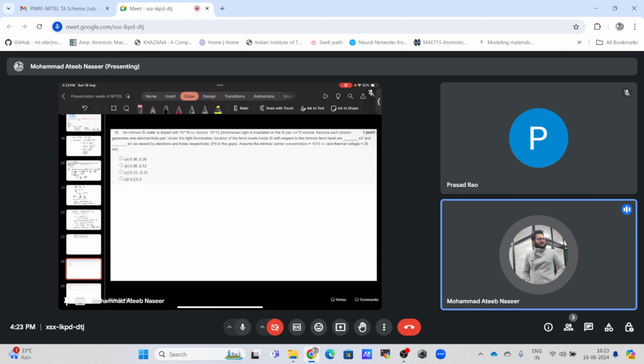And now we are irradiating it with photons of the order of 10 to the power of 12 per second on the silicon volume. We assume that each photon generates one electron hole pair, and under this light illumination we have to find the location of the Fermi levels with respect to the intrinsic Fermi level.